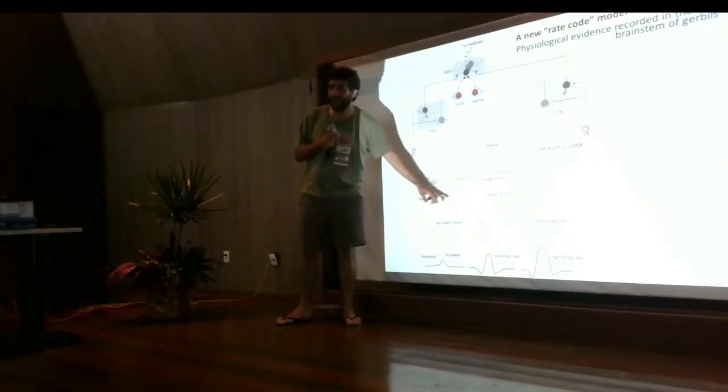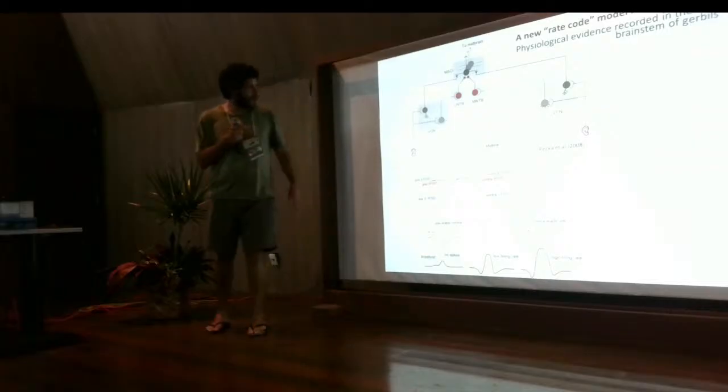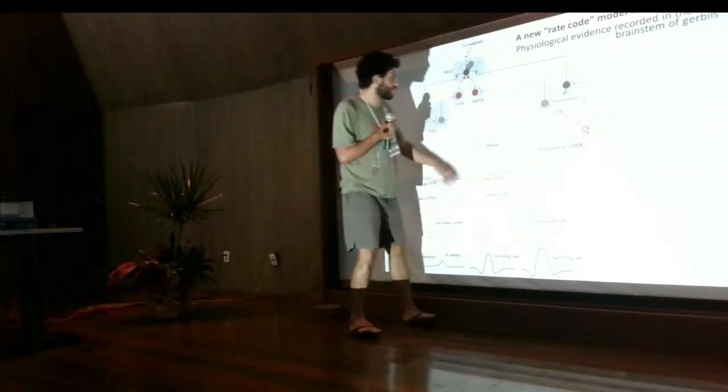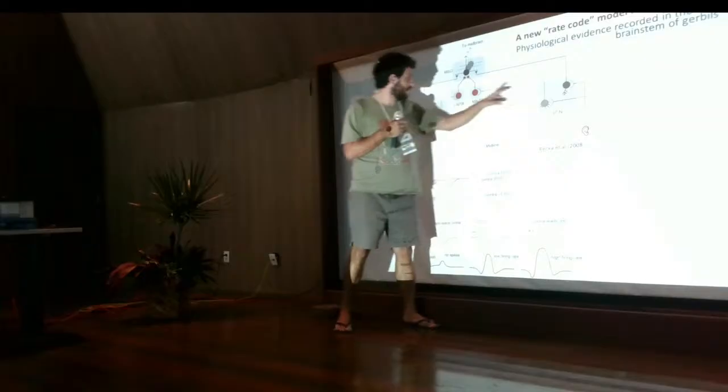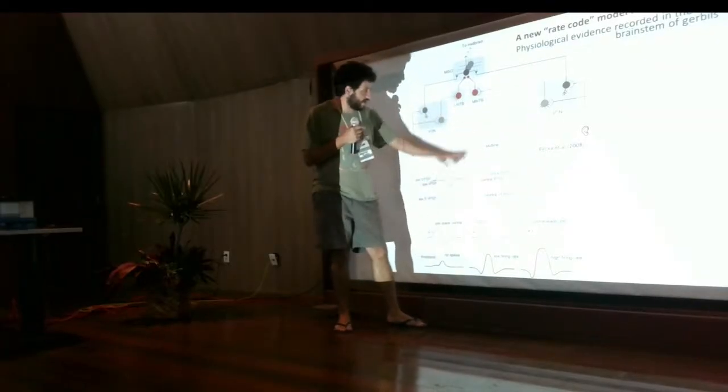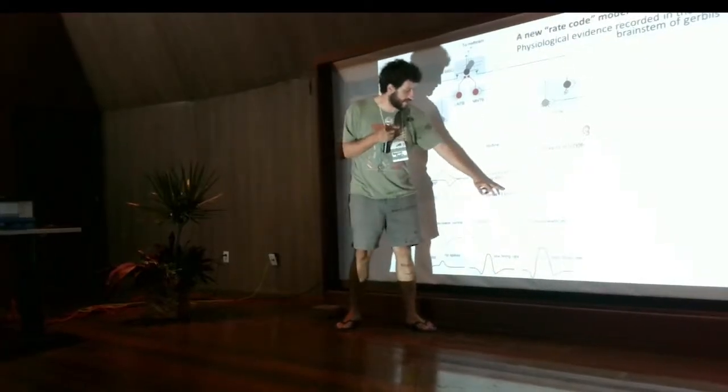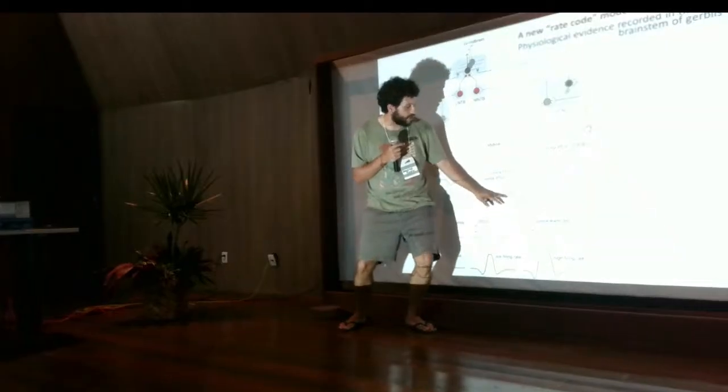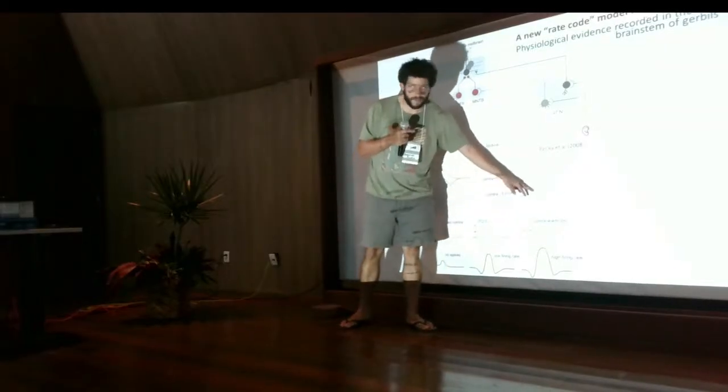So it has a pulse. And when you have a stimulus that is presented only on the right, what you have is something similar, but starting with inhibition, then excitation.